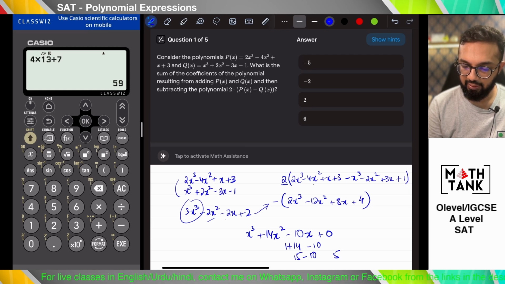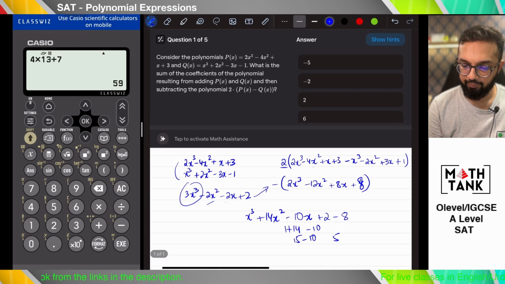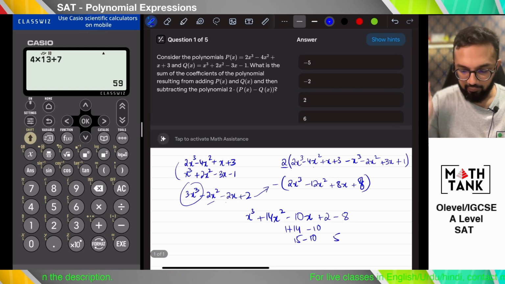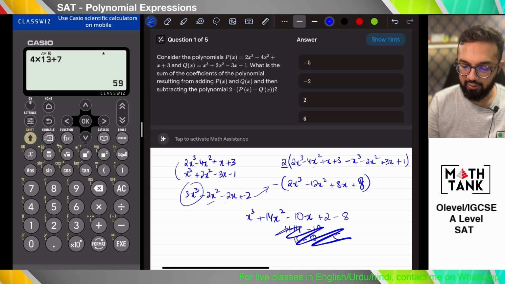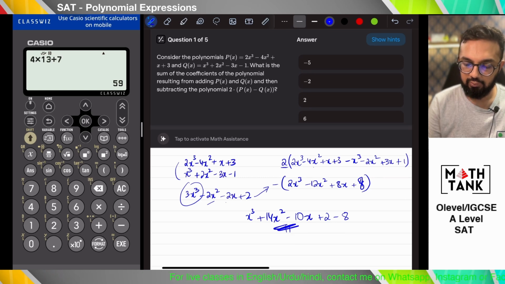So that gives me minus 2 minus 8. Give me 8. Okay, plus 2 minus 8 should give me x cubed plus 14x squared minus 10x minus 6.